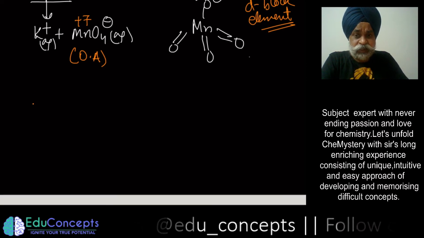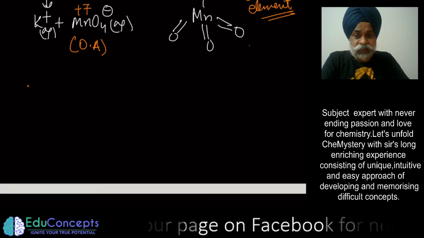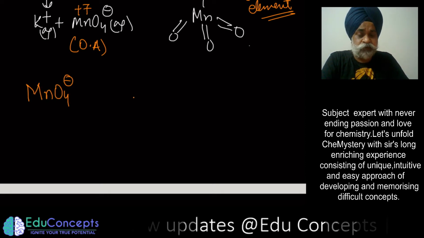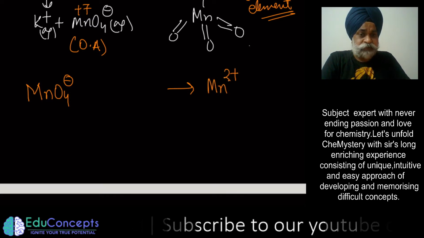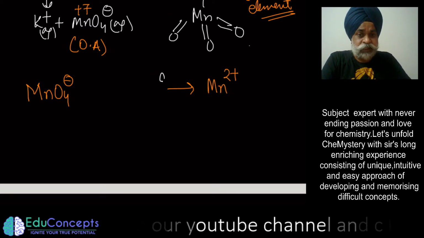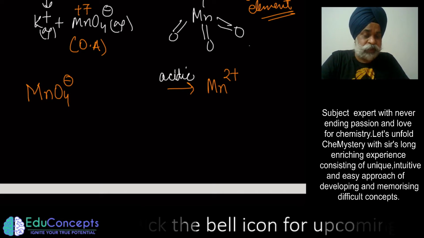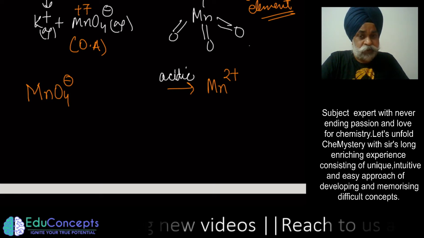So here I am restricting myself to a particular reaction. Now try to understand: KMnO4 tends to go to Mn2 positive when you take it in acidic medium. If you take KMnO4 in acidic medium, it has the tendency to change into Mn2 positive.